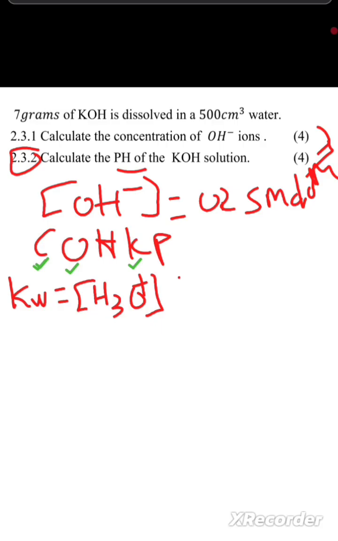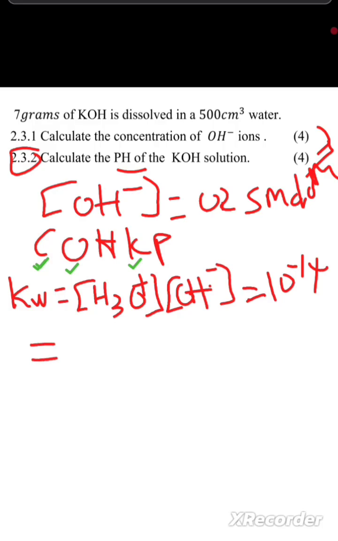Okay. Now we substitute. Is this equal to concentration of hydronium ions multiplied by, we must substitute the 0.25 is equal to 10 to the power negative 14.